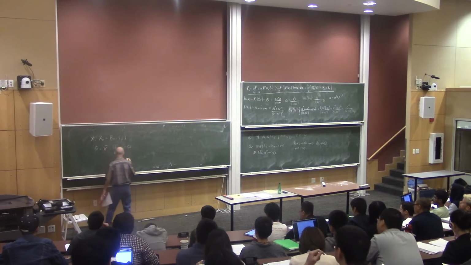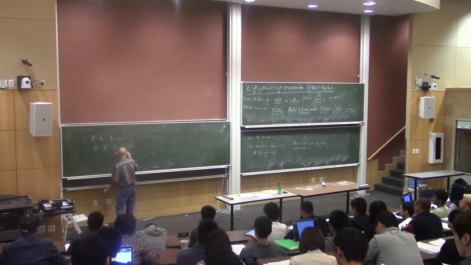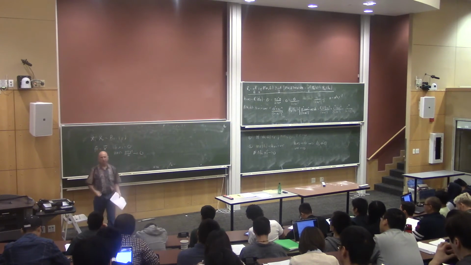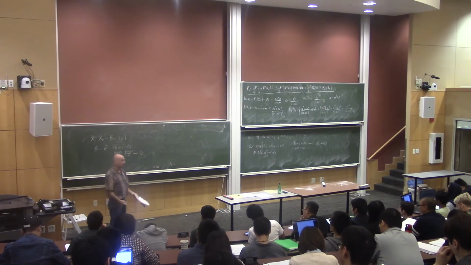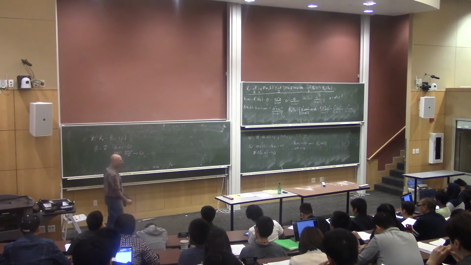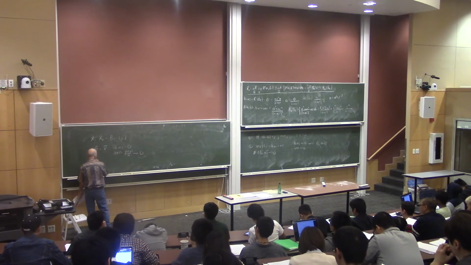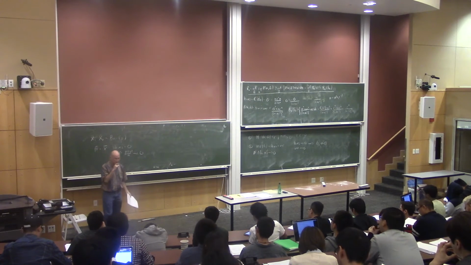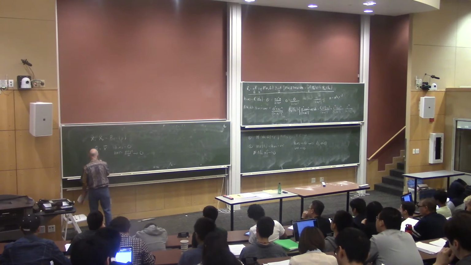The variance is p(1-p)/n, which is going to 0. Therefore, the mean squared error goes to 0. Therefore, it converges in quadratic mean to 0. Therefore, it converges in probability. I mean, we could have done this one directly too, but we now know that in this case this estimator is consistent.